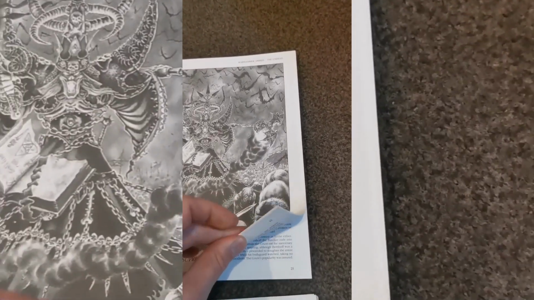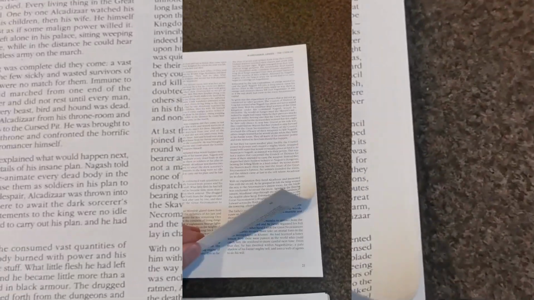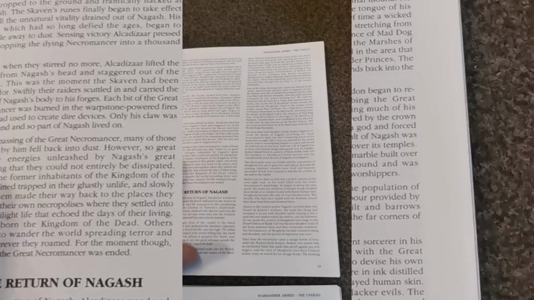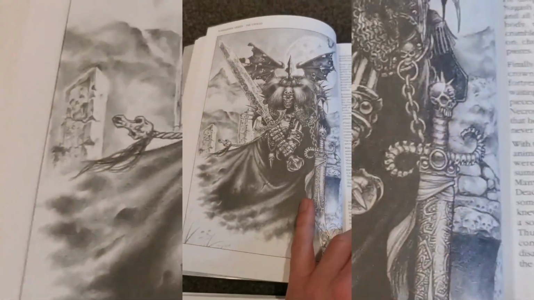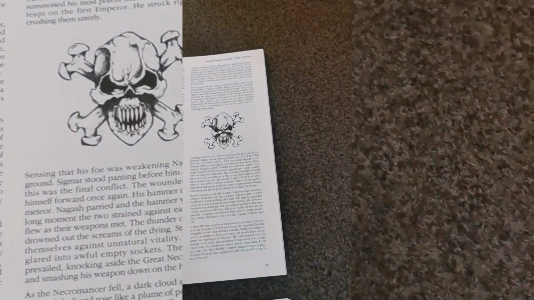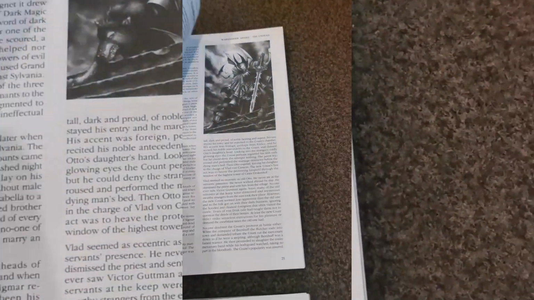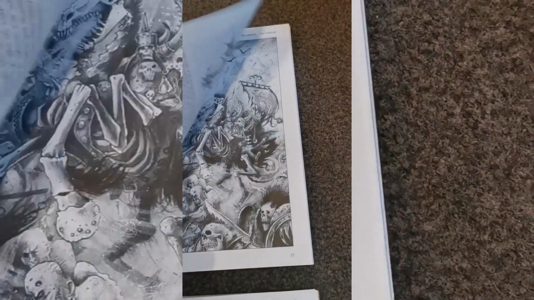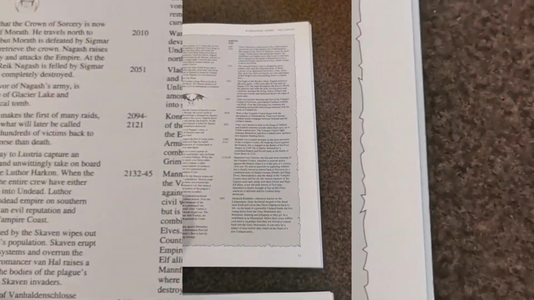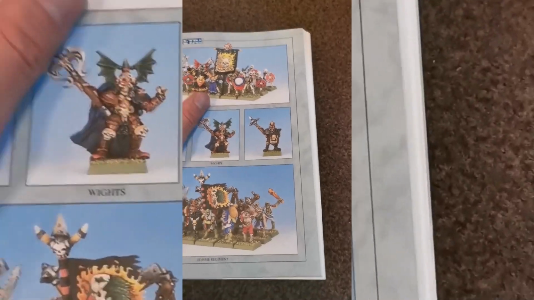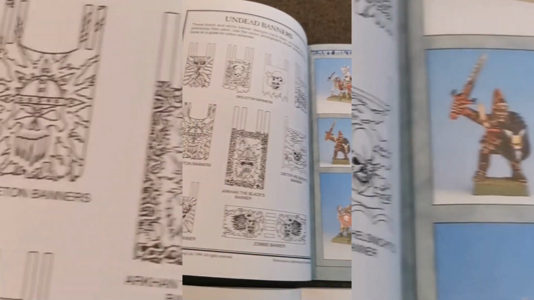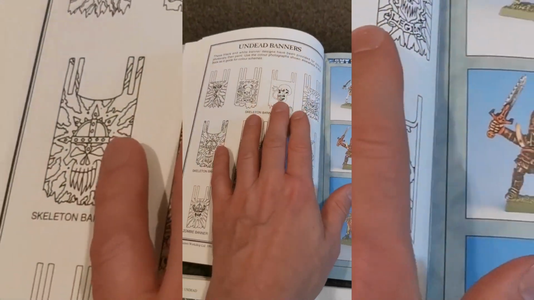So let's just keep going through here. So like I said, all the history section background is the same. Incredible illustration of a wight there. And all of the sections up into the Heavy Metal sections. So you've just got the Undead Banners page still.